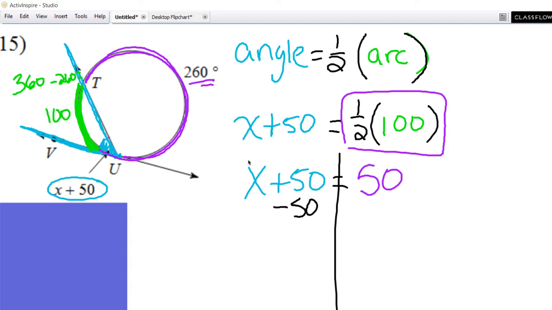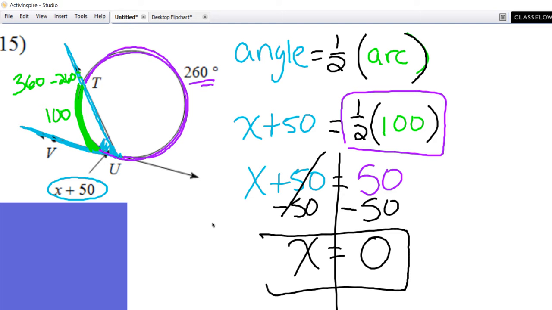So I want to solve for x, so I need to leave the x by itself. Whatever you do to one side, I do to the other. It cancels out, so I'm left with x on the left equals 0. So my answer is going to be x equals 0. That's going to be our first example. So that's the answer for question number 15.